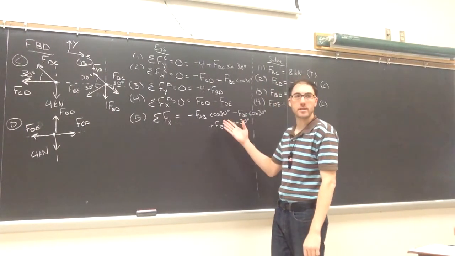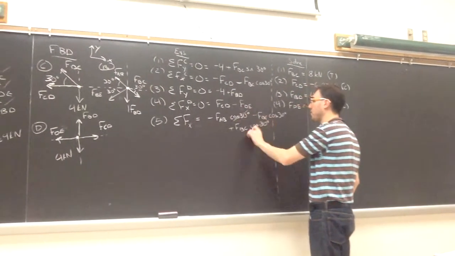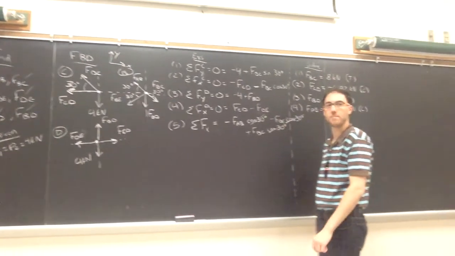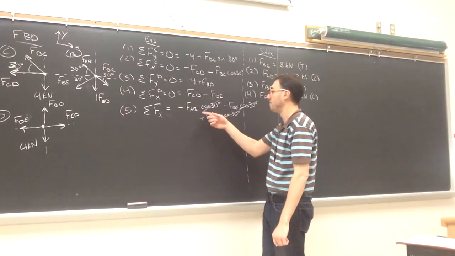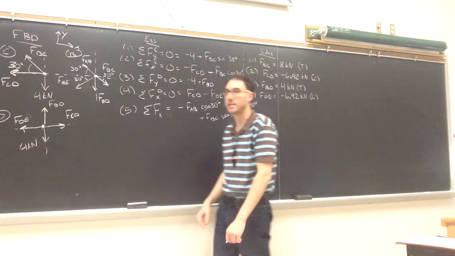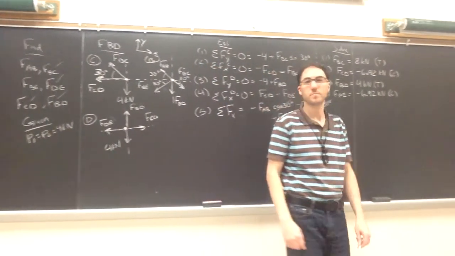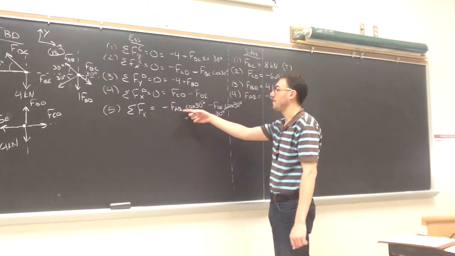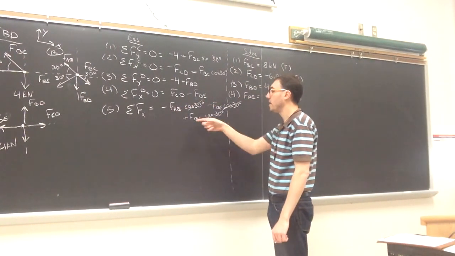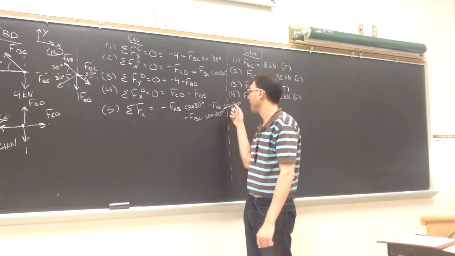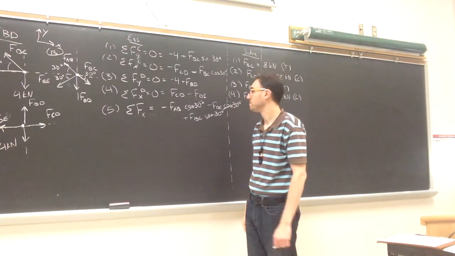This one actually turns out nicely because I can divide through by cosine 30 to make it a little bit simpler, which makes at least a little bit less decimals to work with. So really it's going to be negative FAB minus FBE plus FBC once I cancel out those cosine 30s.